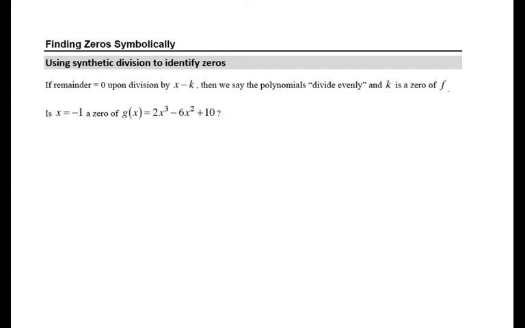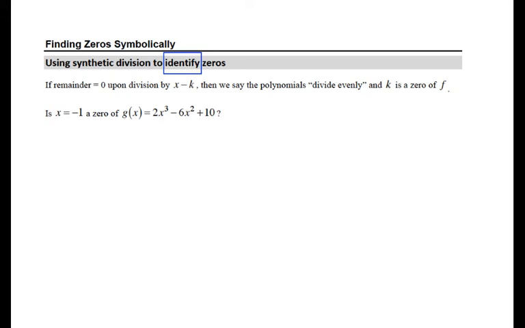There are a couple of ways that polynomial division and synthetic division are used to find zeros of polynomials. The first is just using synthetic division to identify zeros. So that means if we already have a value that we think might be a zero, we can use synthetic division to verify.